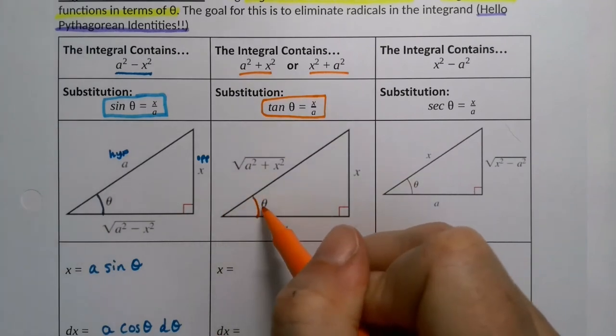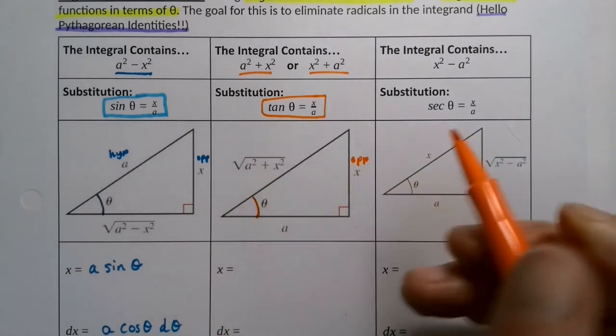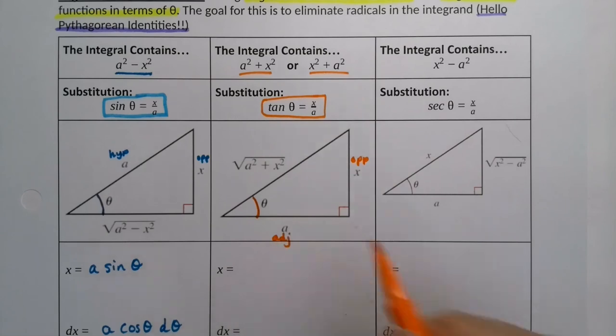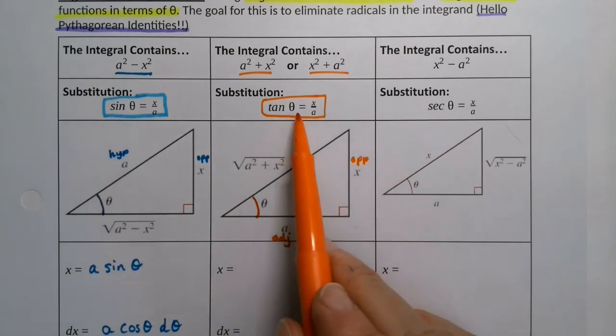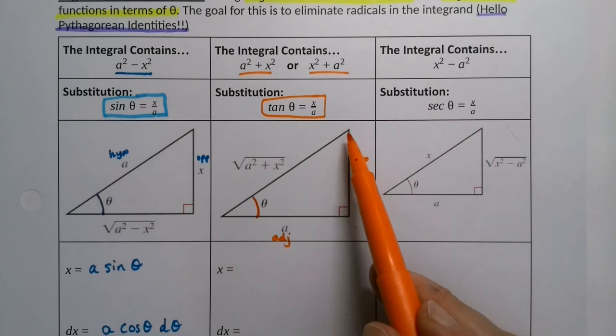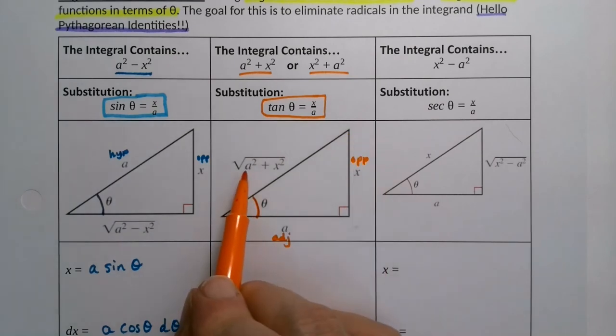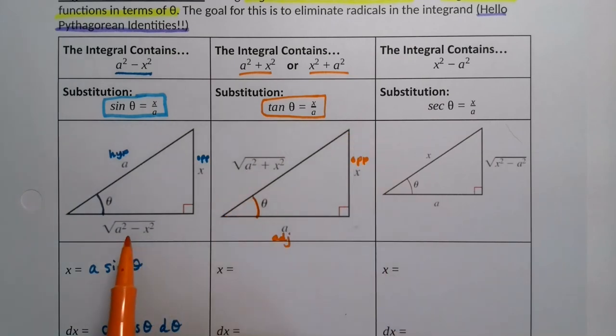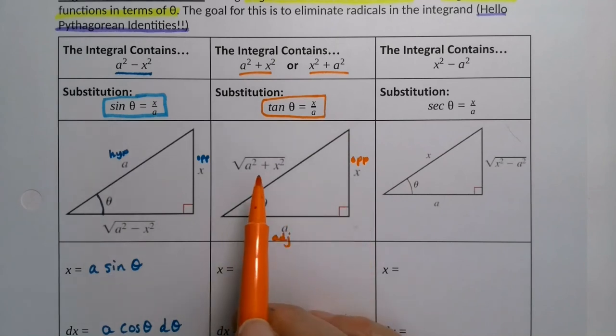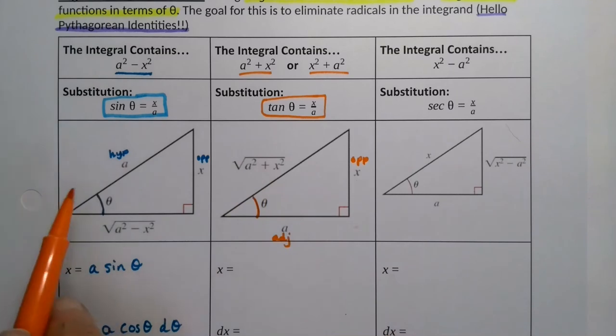Tangent, of course, is opposite over adjacent. So if you know tangent of theta is x over a, you can build the triangle. This is happening because of the Pythagorean identity. I should have said that was happening here as well, right? Because of the Pythagorean theorem. a squared plus x squared is equal to the hypotenuse squared. So if you solve it for the hypotenuse, you'd have this. And same thing is happening over here on this triangle.